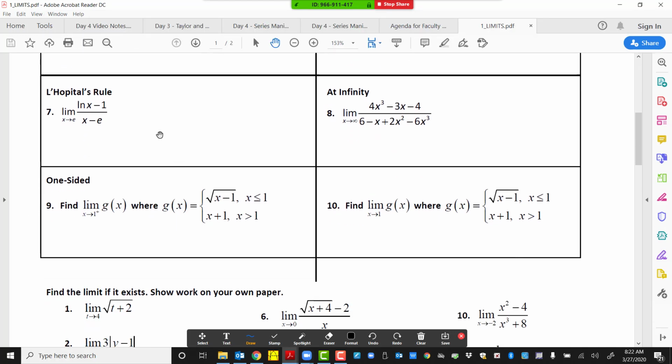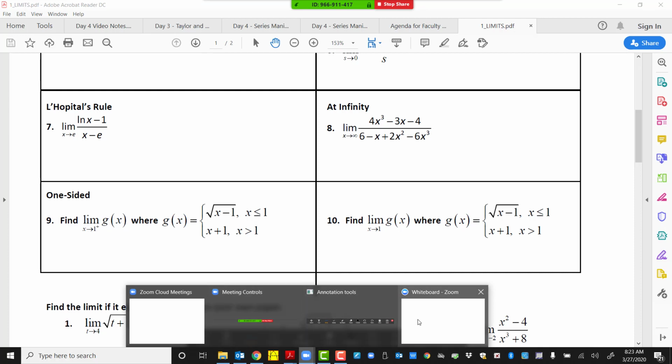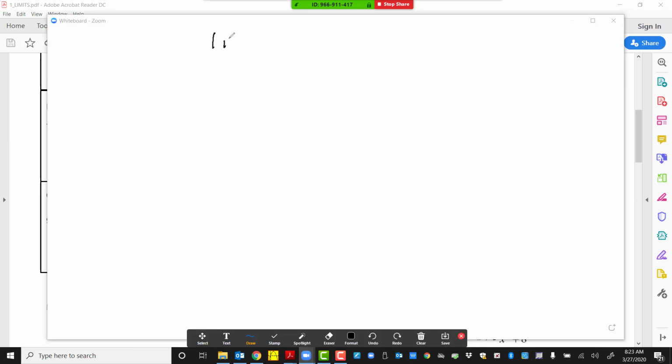Now we get to L'Hopital's rule. Anytime we get 0 over 0, or infinity over infinity, or any one of our indeterminate forms, we want to do L'Hopital's rule. Now this one does be 0 over 0, so let's look at how we would work this one. We have the limit as x approaches e of natural log of x minus 1 over x minus e.